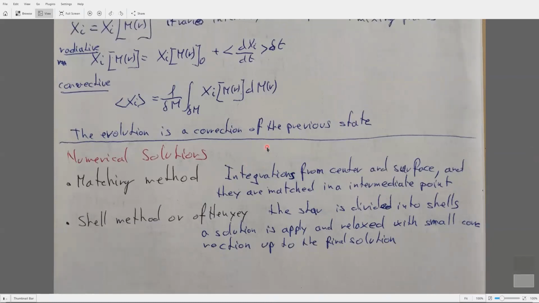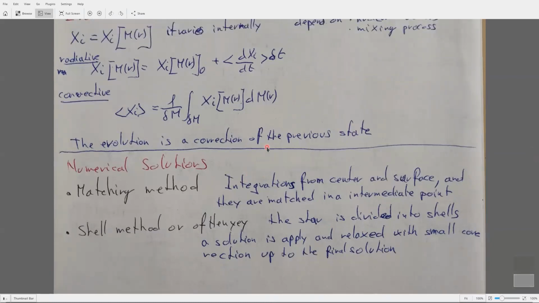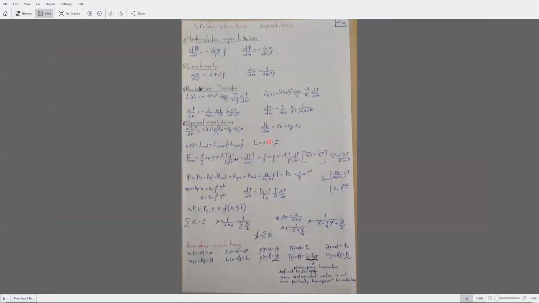It's not simple to calculate and study the structure of the stars, but I say we start at the beginning. All the basics are quite complicated.